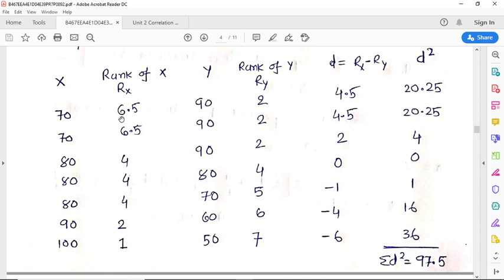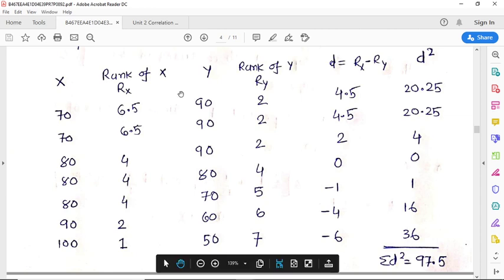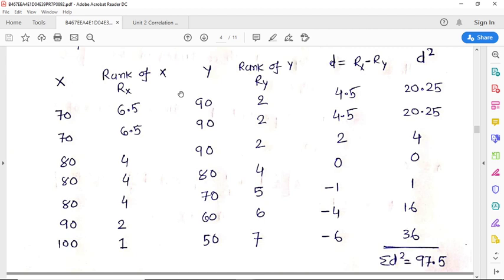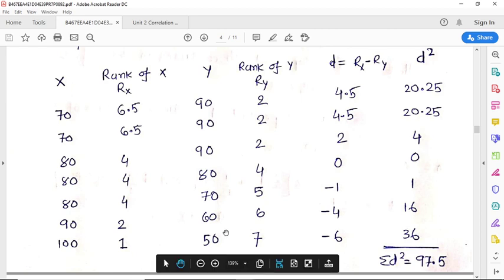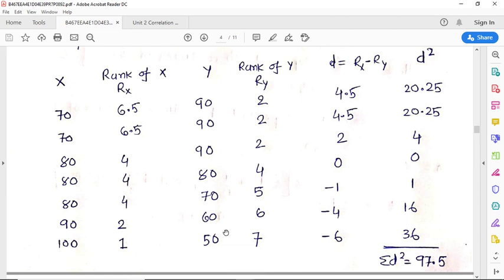Okay, so these are the ranks of x, let us say Rx. And now the values of y we have: 90, again 90, 90, 80, 70, 60 and 50. So these 7 values we have. Let us assign the highest value as 1, and the highest value is 90, repeated 3 times.